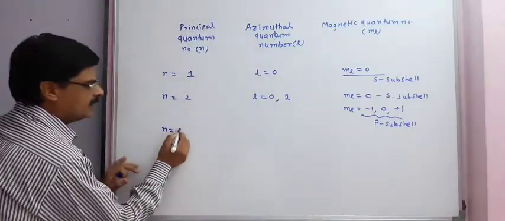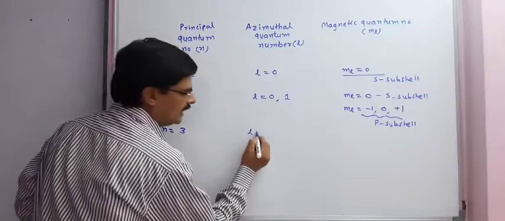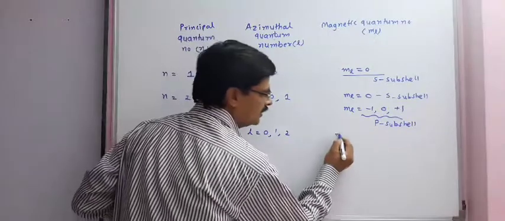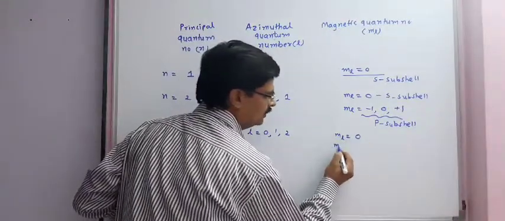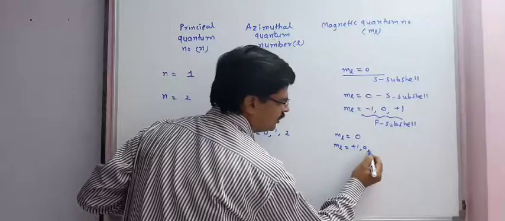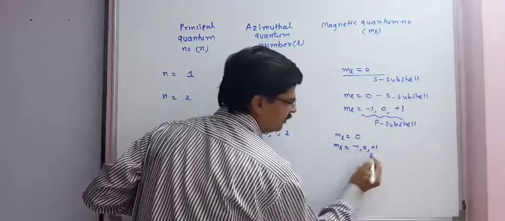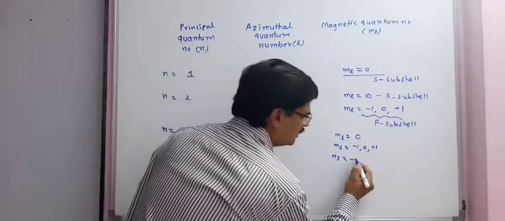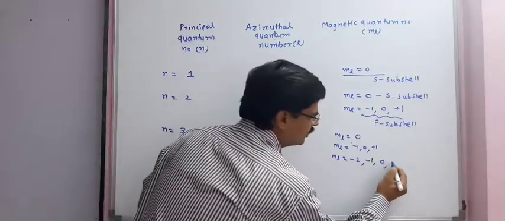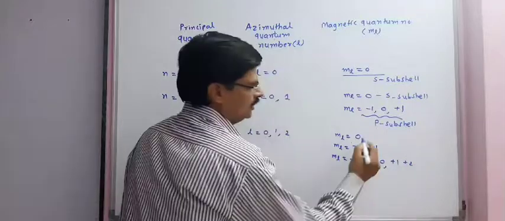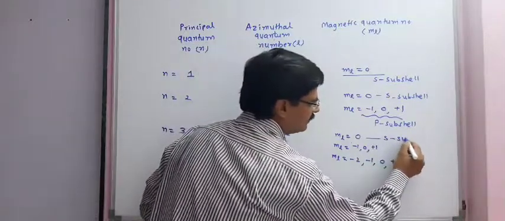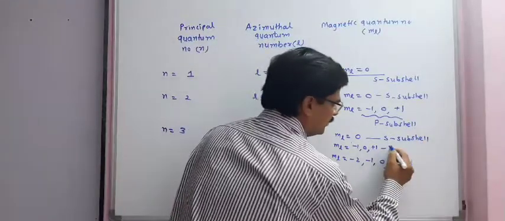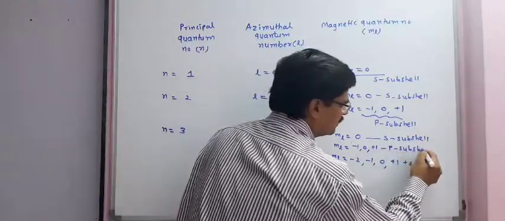If n is equal to 3, then L is equal to 0, 1 and 2. Therefore, ml value 0, then -1, 0, +1, and ml values for 2 are -2, -1, 0, +1 and +2. So here we have the S subshell and here the P subshell.